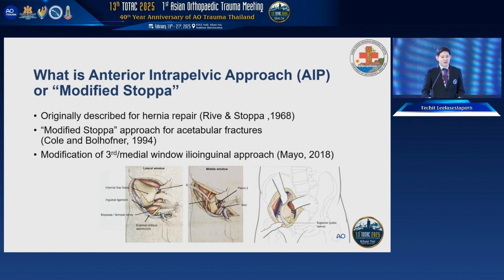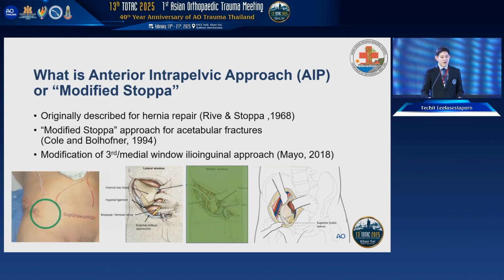He modified the medial window with the AIP, or the modified Stoppa, and replaced it. So nowadays when we talk about the AIP approach, we usually mean the AIP that replaces the medial window, together with the lateral window, augmented without using the middle window.